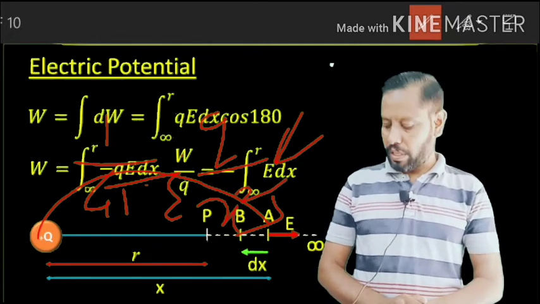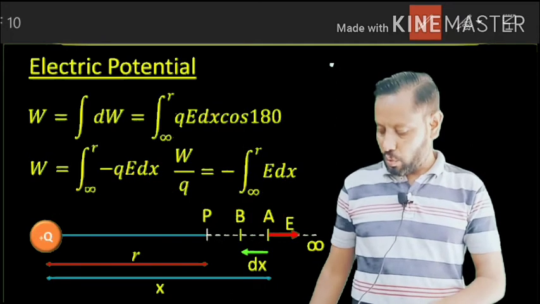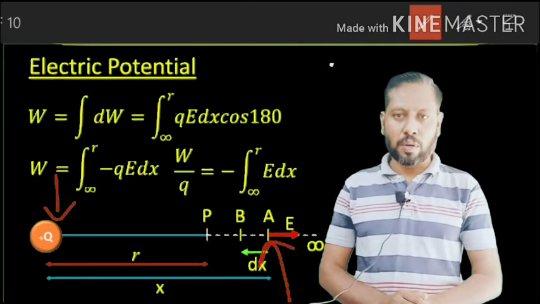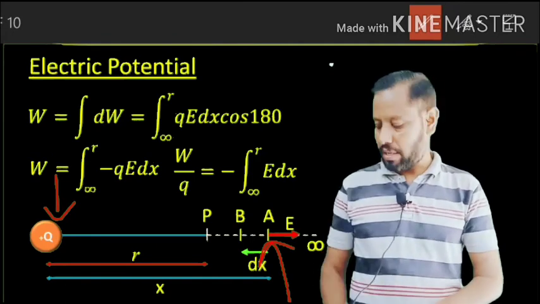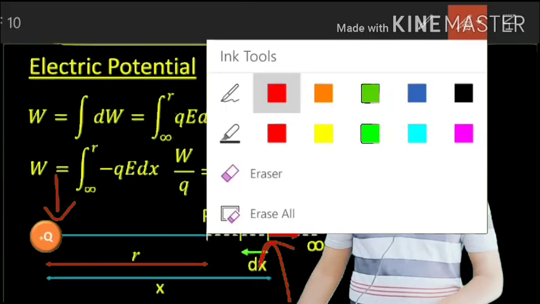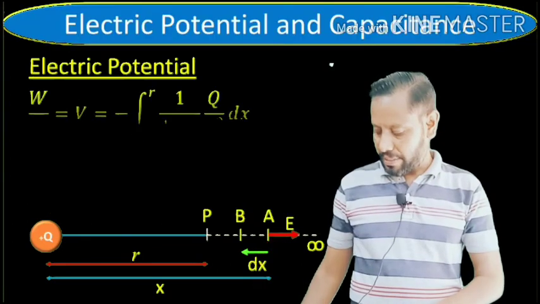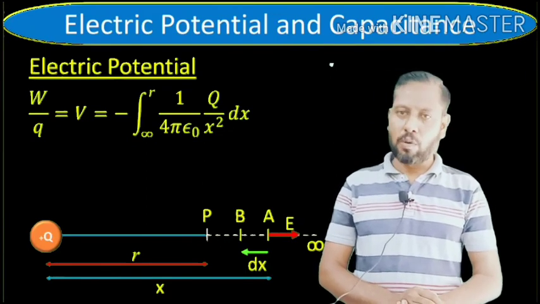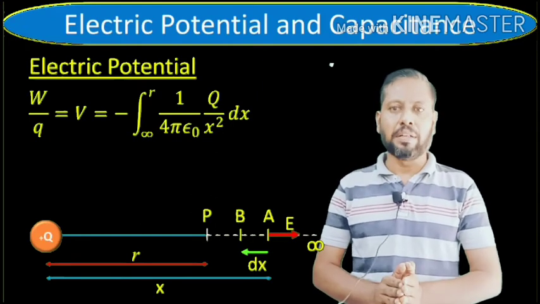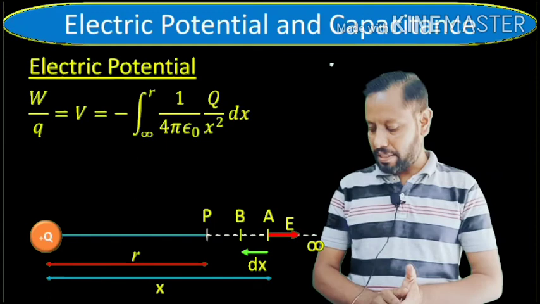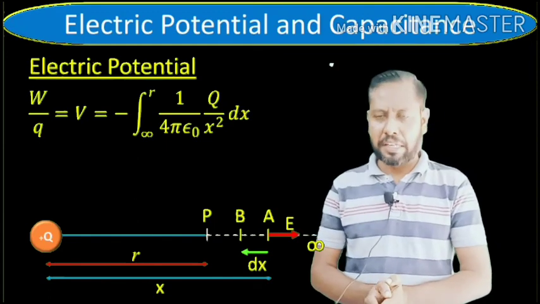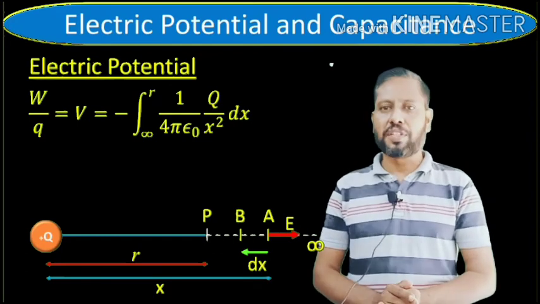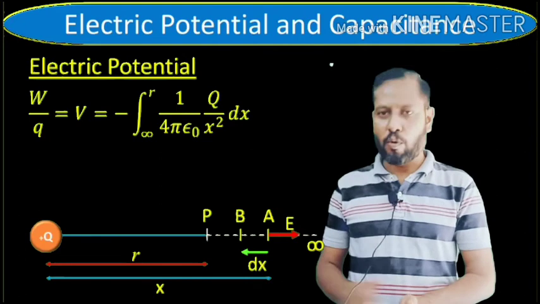The distance is x, so the electric field of this source charge at A will be equal to 1 upon 4 pi epsilon 0 into q upon x square. So that's why we are taking that step as this one, right? So this 1 upon 4 pi epsilon 0 into q upon x square is the electric field of capital Q at distance x. Now simply we will solve this integration and then we will come to the conclusion of what is the electric potential of charge capital Q at point P.